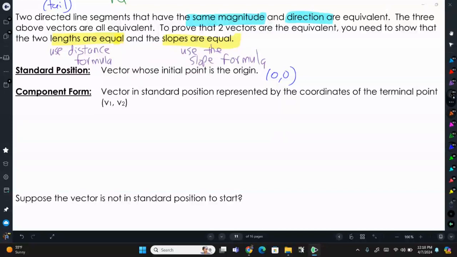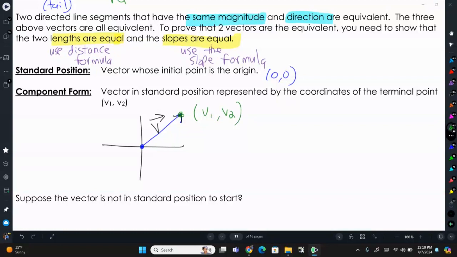So, for example, if we had a vector starting at 0, 0 and going in this direction, and we called that vector v, this point right here would be the ordered pair of that terminal side. So v1 comma v2, or whatever numbers those are.